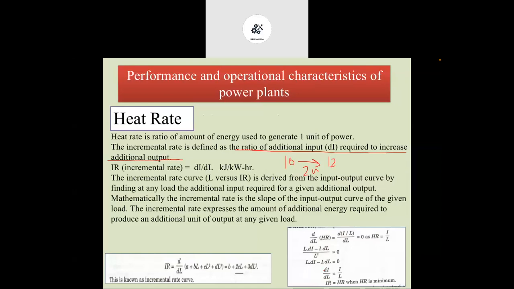The efficiency and heat rate formula you already know. Incremental rate, that you also have. At the point when we require less heat, or we can say at minimum heat rate, the particular incremental rate is also given by this formula.